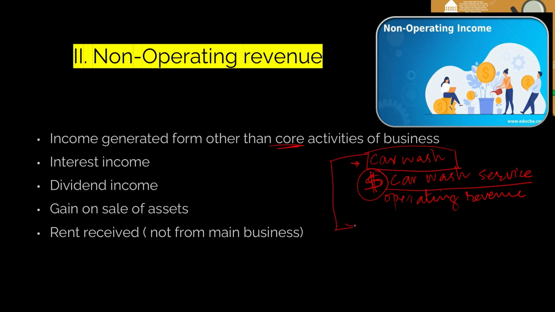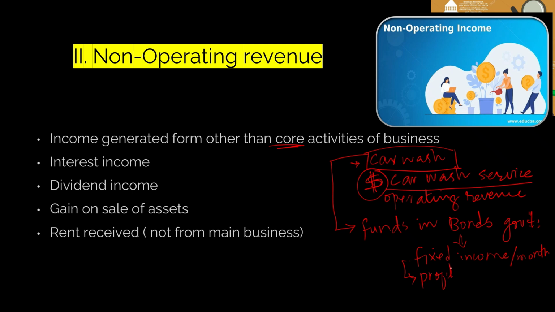Simply assume that the car wash company has invested its excess funds in bonds, government bonds, right? Now these bonds deliver a fixed income each month, and this income is also profit or revenue.